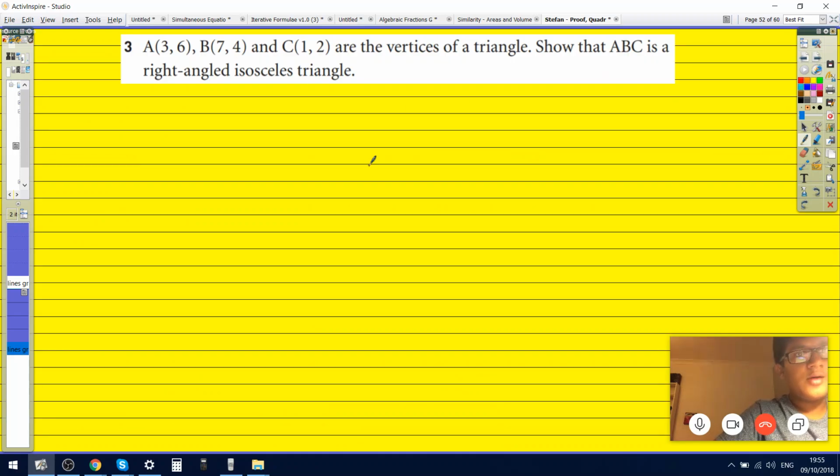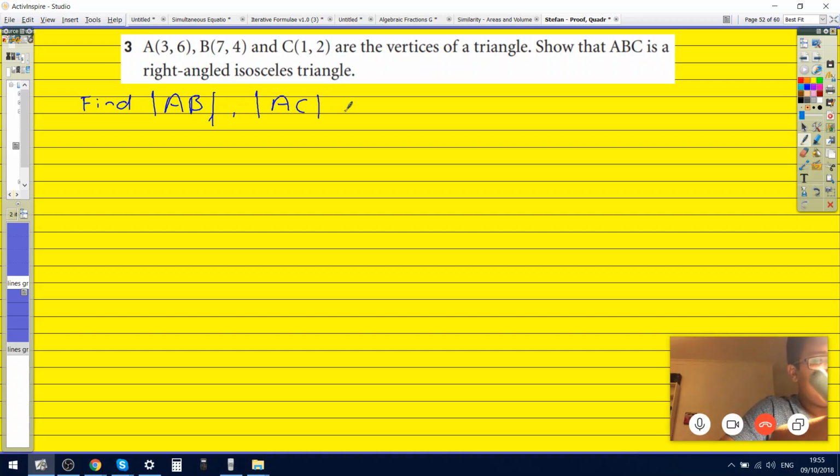Okay, so if we find AB, the length of AB, and once you have that, what would you do? You get the length. Sorry, so length of AB, length of BC, and length of CA.